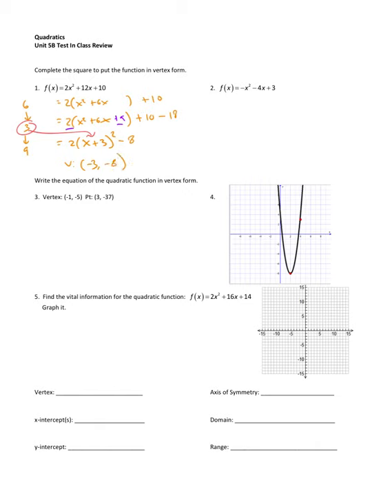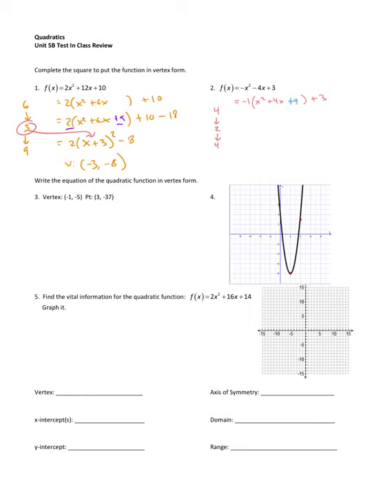All right, for number 2, first thing we're going to do is factor out the -1 to be able to complete the square. And you can see we kick the plus 3 on the outside there, and then x squared and the 4x become positive. Now I'm going to figure out what to add. That would be take my middle term, 4, cut it in half, 2, square it, gets me back to 4.